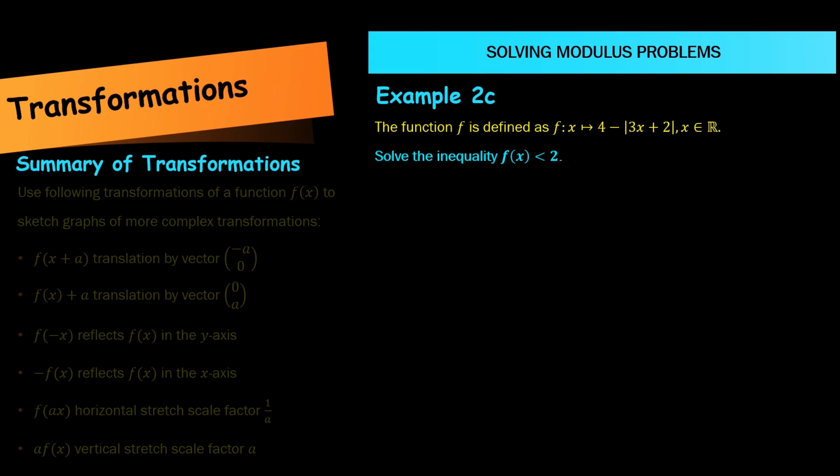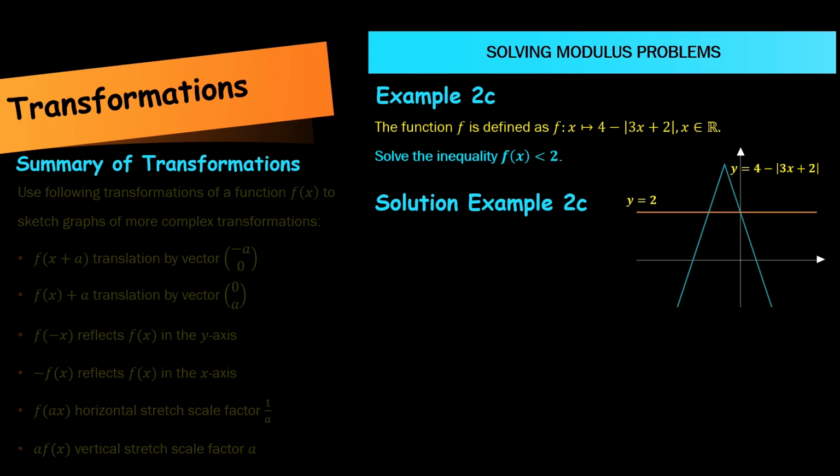And now for part C. The function f is defined as f such that x is mapped to 4 minus mod 3x plus 2 for x in the real numbers. We are required to solve the inequality f of x is less than 2. So let's solve this. We begin with a sketch to get an idea of the problem.